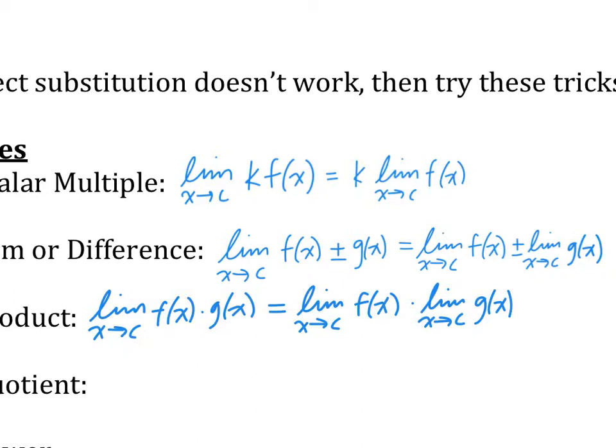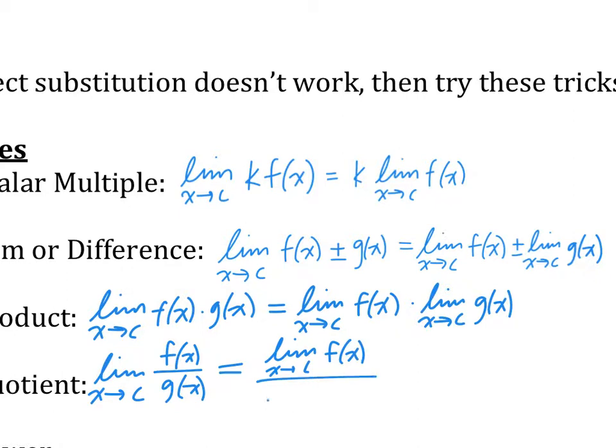Okay, quotient is similar. So if you have the limit as x goes to c of f of x divided by g of x, then you can find the limit by just splitting them into two limits dividing by each other.